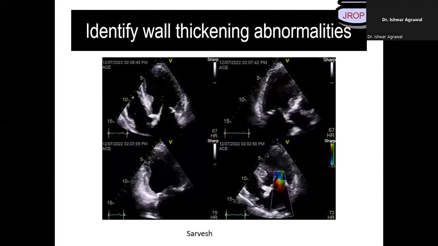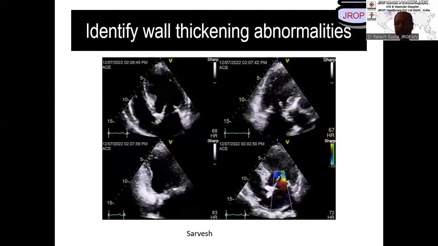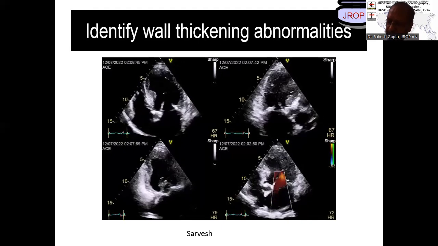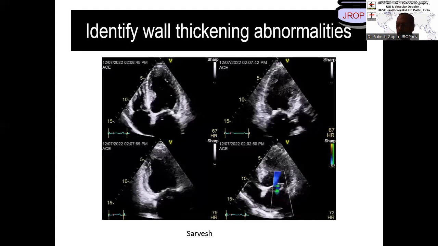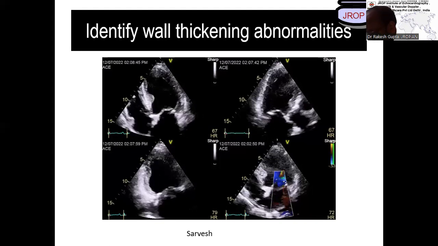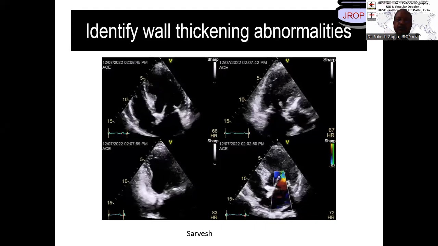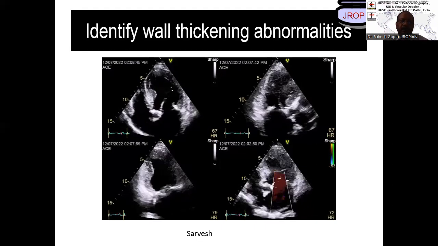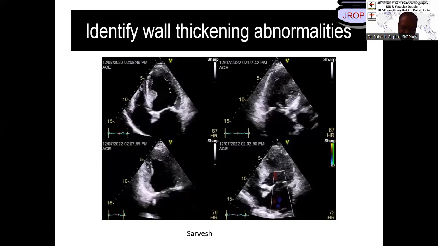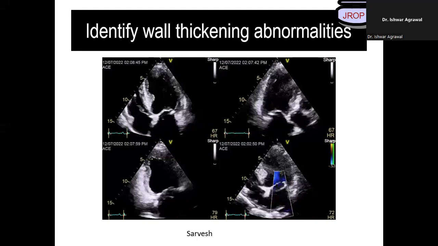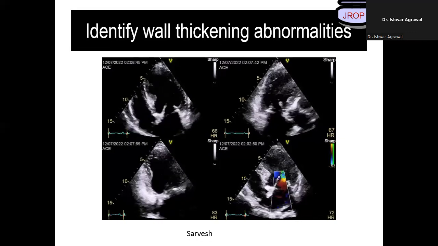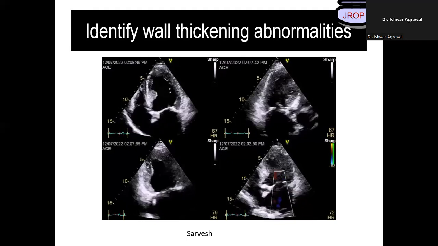Ishwar, tell me the wall motion abnormalities in this patient. Very clear wall motions are there. Apex is contracting normally. The basal and the mid part of the mid septal wall are hypokinetic.